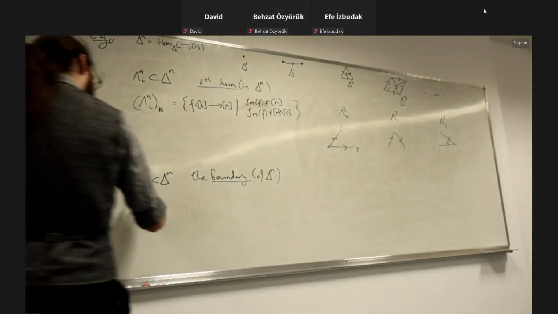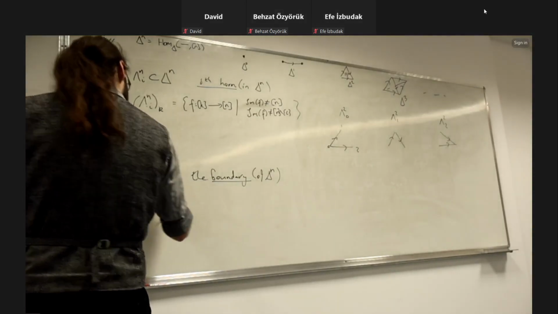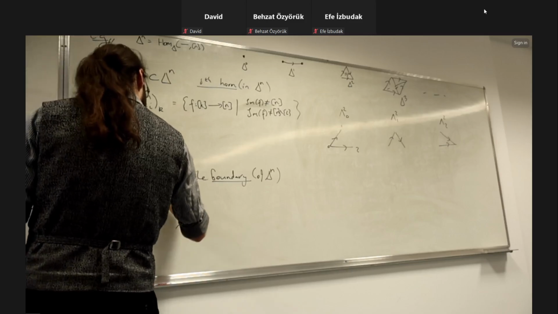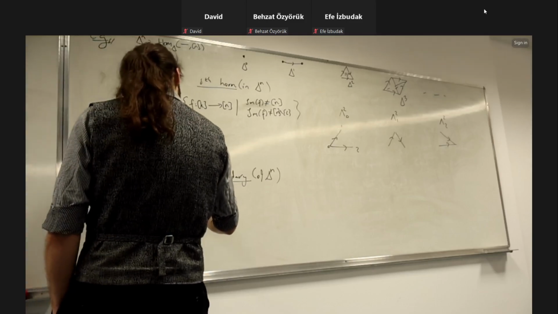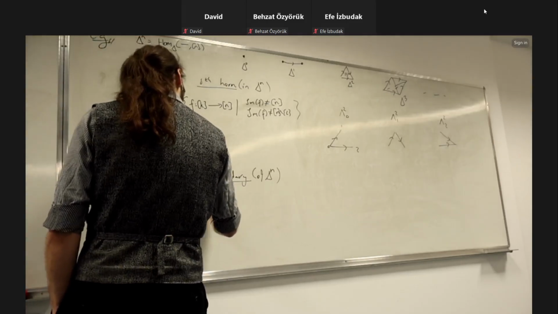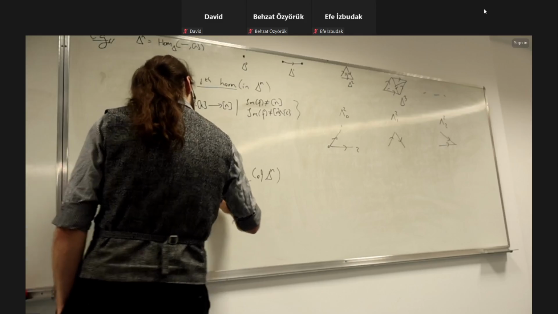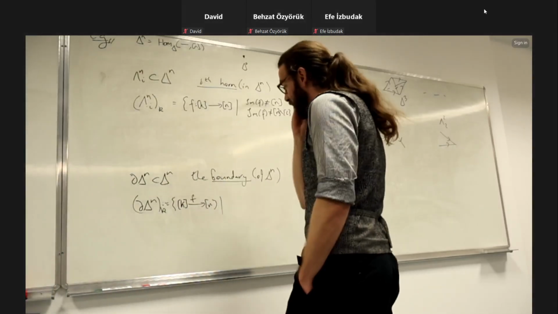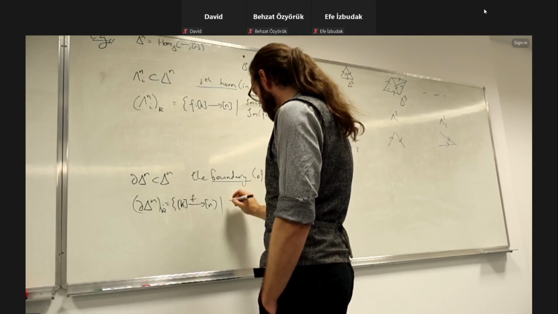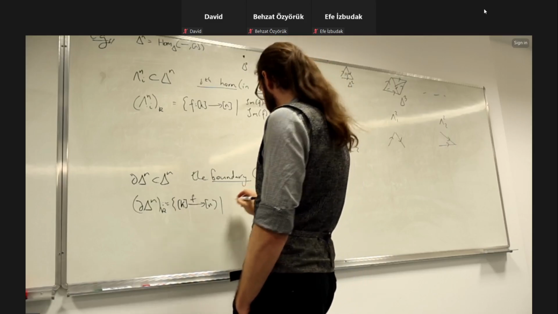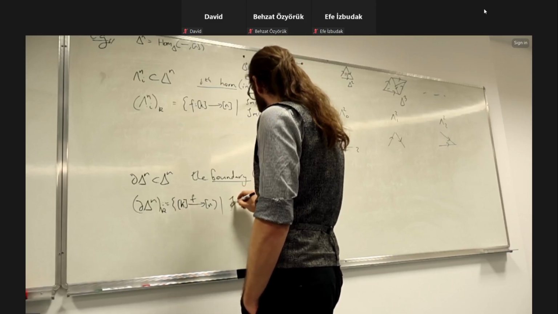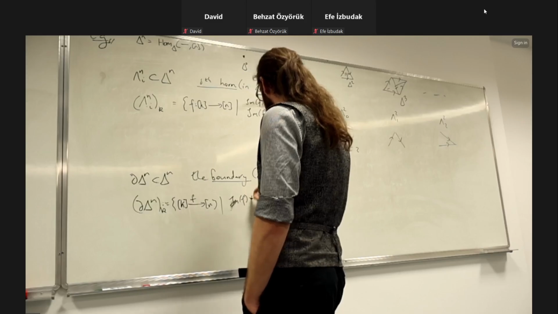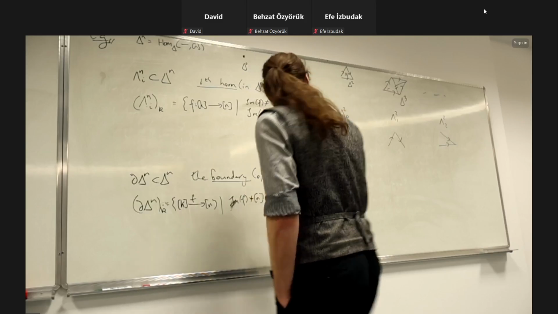This is given by requiring that the k-simplices are those f from [k] to [n] such that the image of f is not equal to [n].